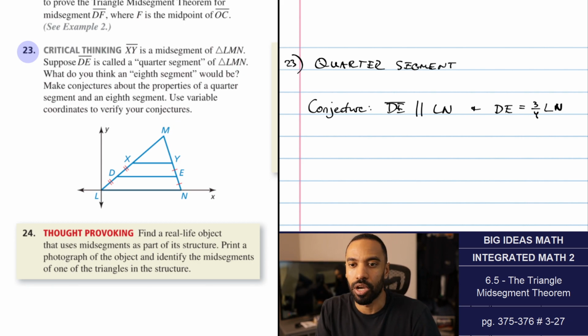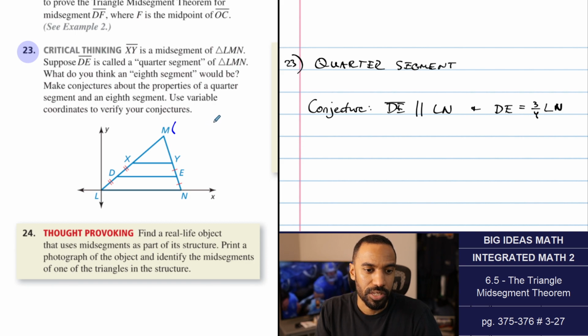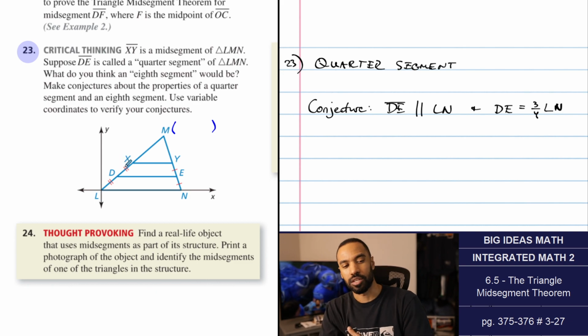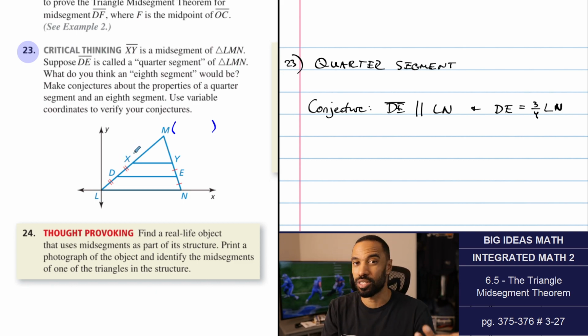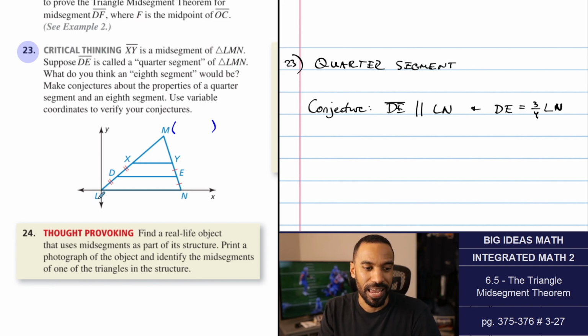Now, as far as this goes, let's add some coordinate points for these. I want to do these in the same way that they did it before. Because I'm going to do quarters of things, and actually later I'm going to do eighths of things, I might want to make things 8 times bigger. Instead of 2p, let's use 8p and so on, because we're going to have to use that later. So I'm going to put L as 0, 0.